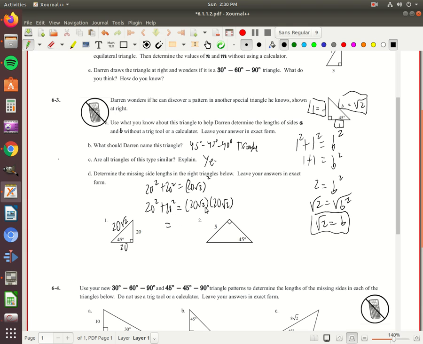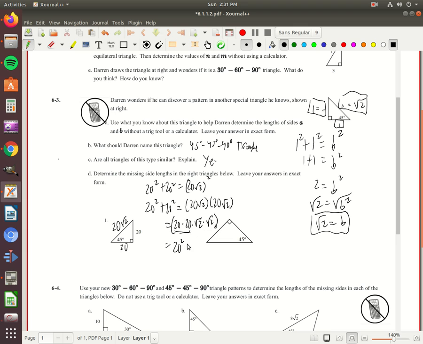So if this is all multiplying, right? And multiplication is commutative. 20 times the square root of 2 is the same as the square root of 2 times 20. So I can change the order here. And I know that 20 times 20 right here is 20 squared.